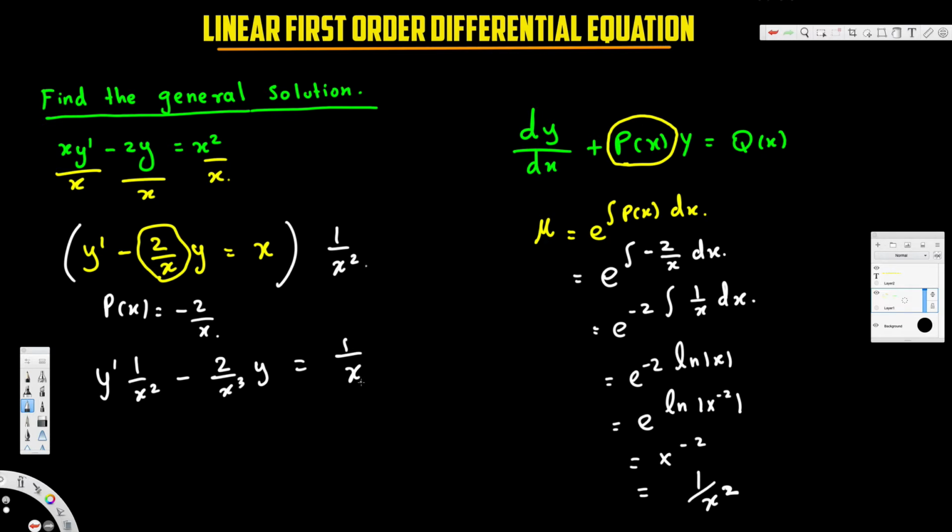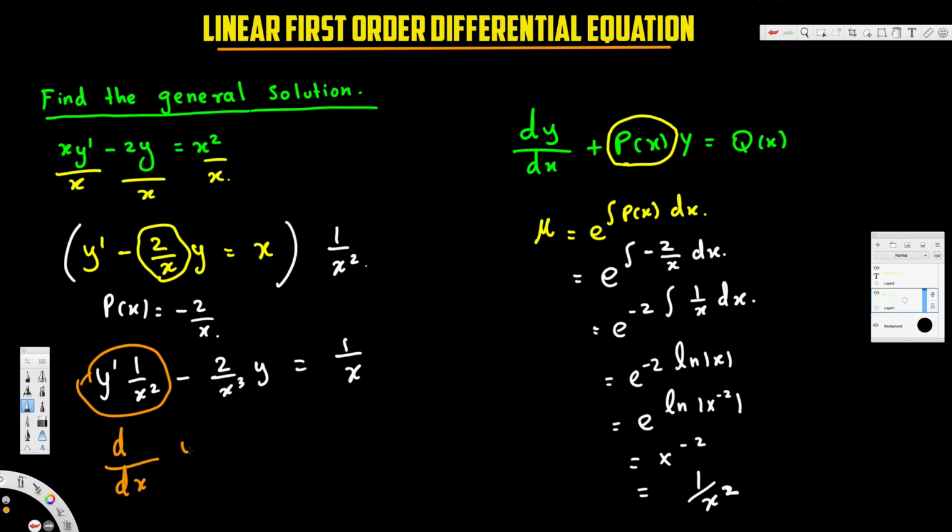The reason we multiply by the integrating factor is that we can simply write this in terms of the first term. If you bring this first term and write it here, that's the same as the whole thing. Now we can write y prime as dy by dx.